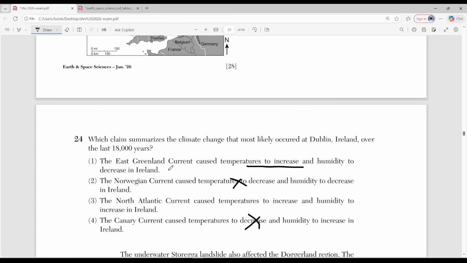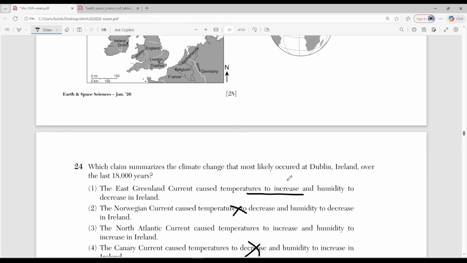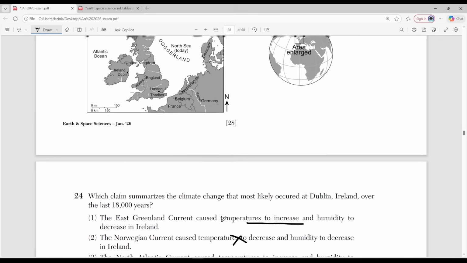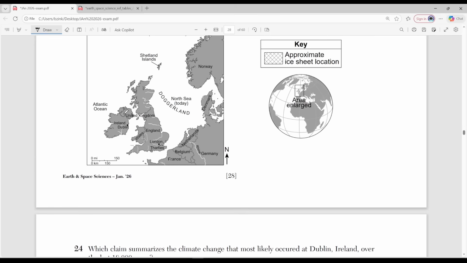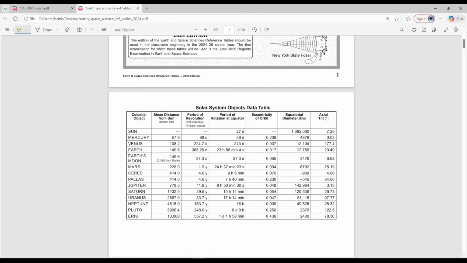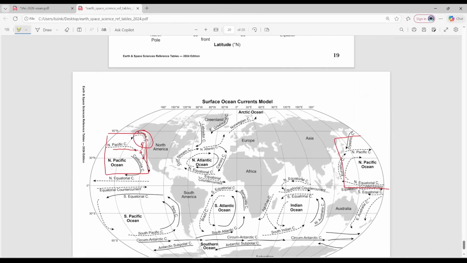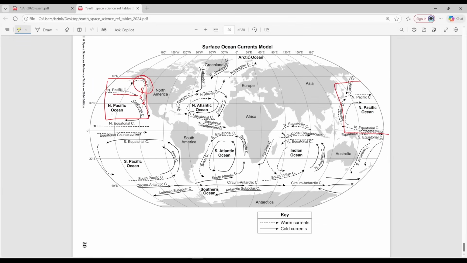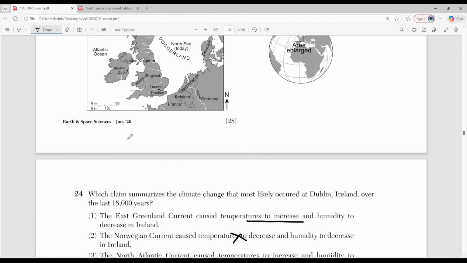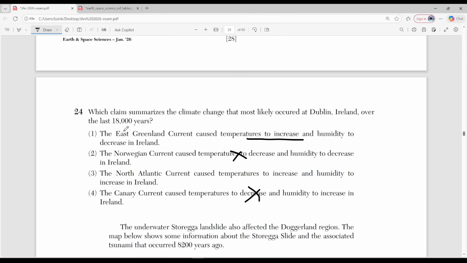So we're going to go near Dublin, Ireland. So right there, Atlantic Ocean. We're going to go find out what ocean current that is. So right here, it looks like the Norwegian current. But that's not an answer that we have.